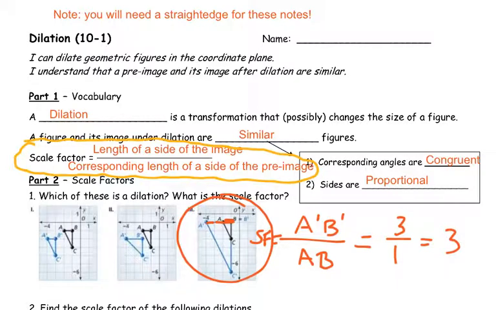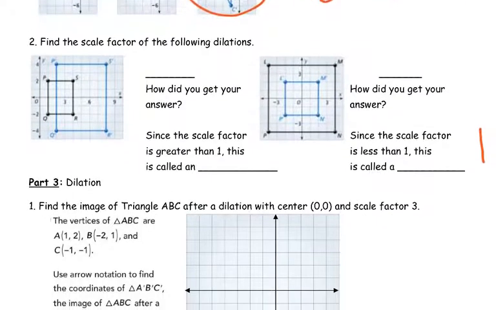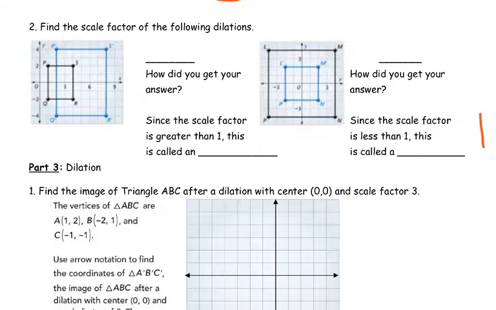Alright, let's move on to number 2. Find the scale factor of the following dilations. So we're going to take the length of a side of the image divided by the length of the side of the pre-image. You can choose any side to do this. I'm going to choose P prime S prime divided by PS.